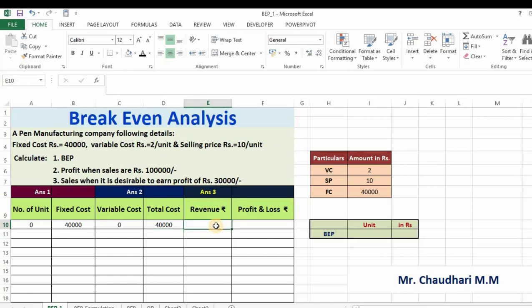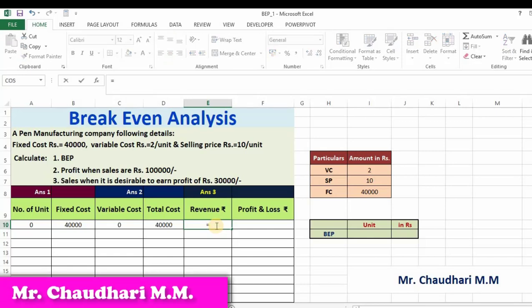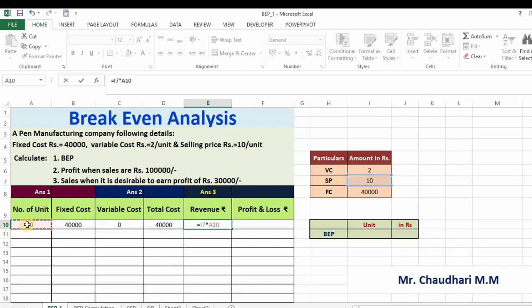Revenue means total amount earned, so it is equal to the selling price multiplied by the total number of units sold. The selling price is 10 rupees per unit, so I will again go here and fix this I7 cell. Why? Because there is a freeze.